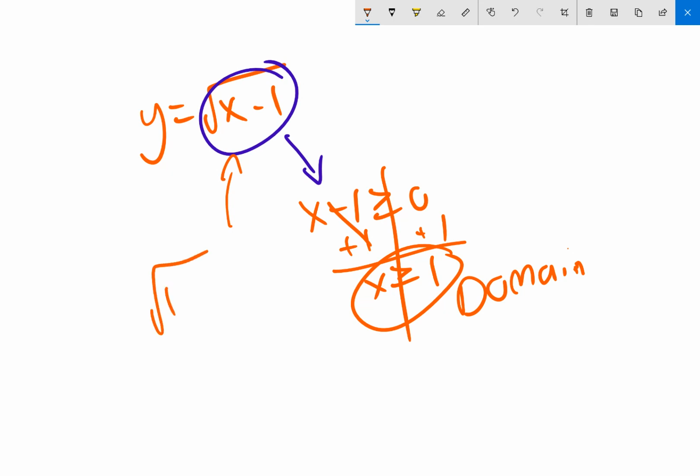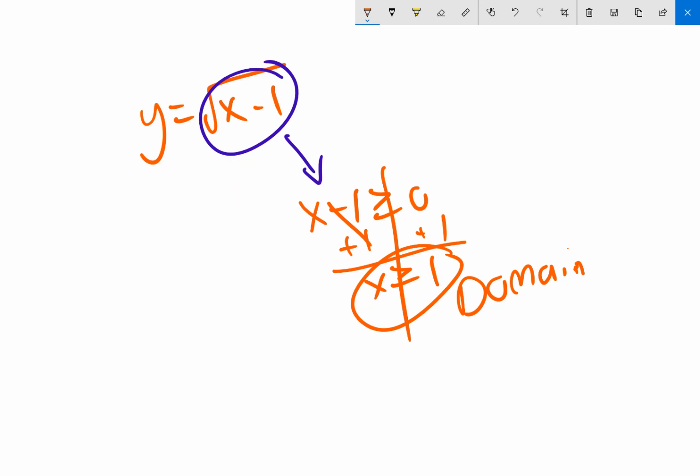For example, if you plugged in 1 for x, you would have square root of 1 minus 1, which is the square root of 0, which works out fine. There's nothing wrong with that. But if you plugged in something less than 1, like negative 1, that wouldn't work because negative 1 minus 1 is negative 2, and we cannot square root negative numbers. So that's the reason for the domain.